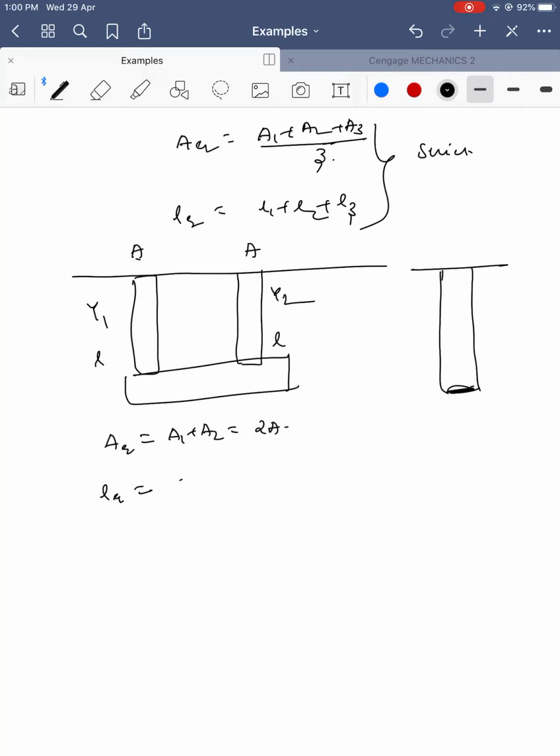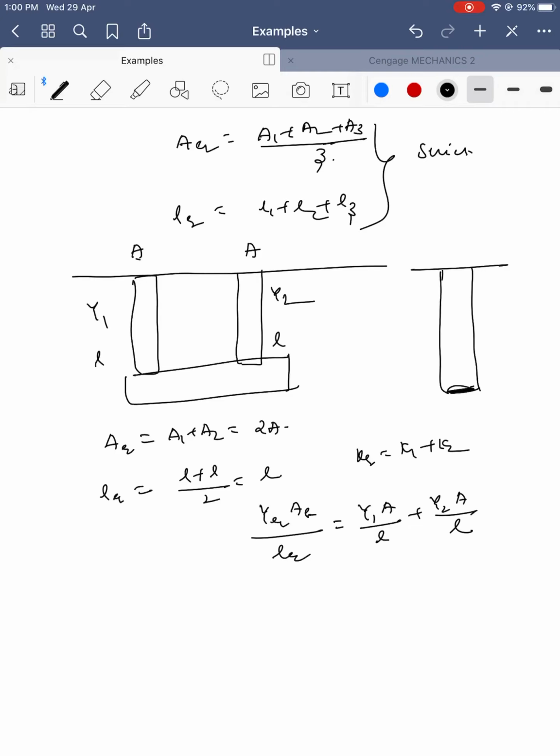L equivalent is L1 plus L2 by 2, so it is nothing but L. These two are in parallel, so K equivalent is K1 plus K2, which is Y1 A by L plus Y2 A by L. And K equivalent is Y equivalent into A equivalent over L equivalent, which is Y equivalent into 2A by L. A by L cancels out.